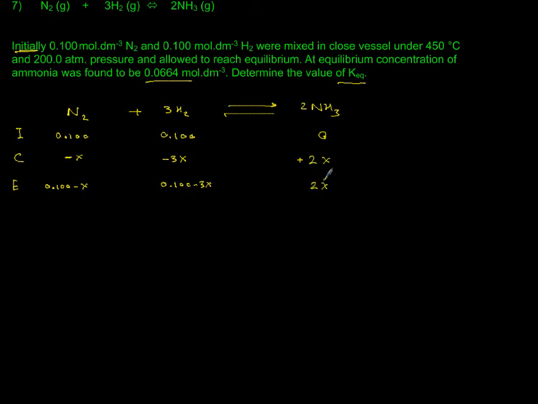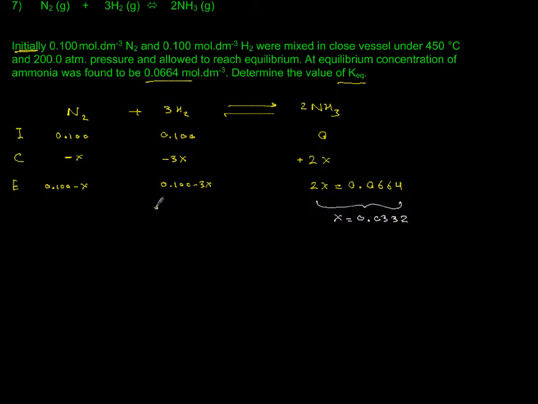Now let's see what other information is given. The concentration of ammonia is found to be 0.0664 at equilibrium, so 2x is really equal to 0.0664. Therefore, we can work out what x is from here. X is half as much, 0.0332.